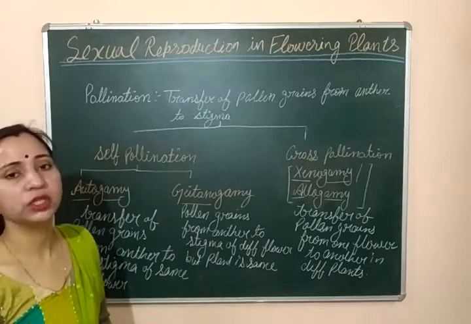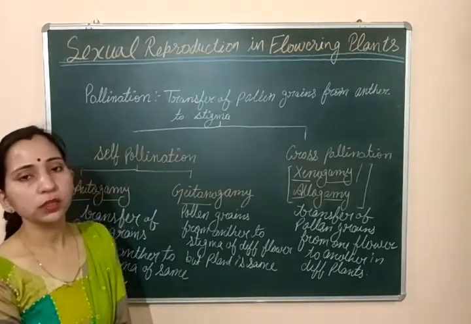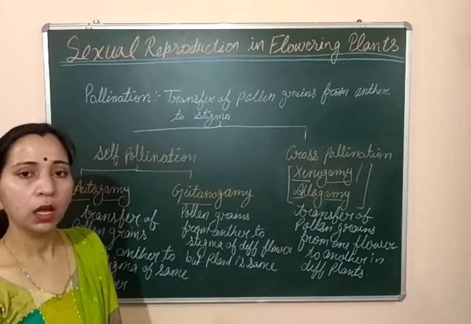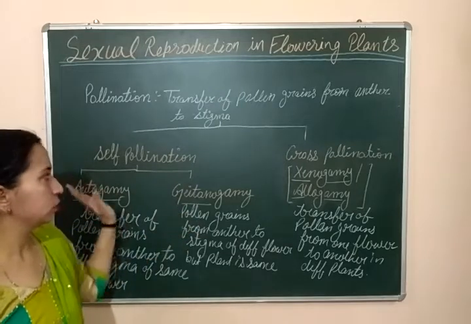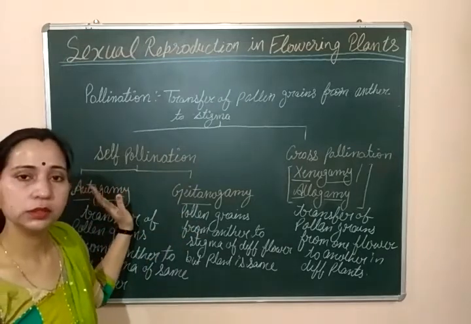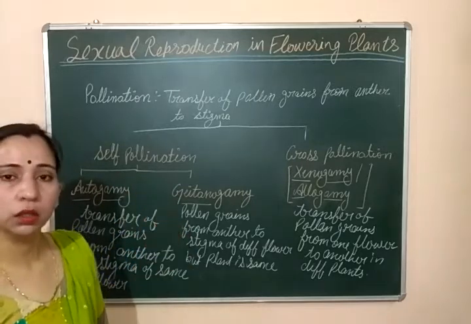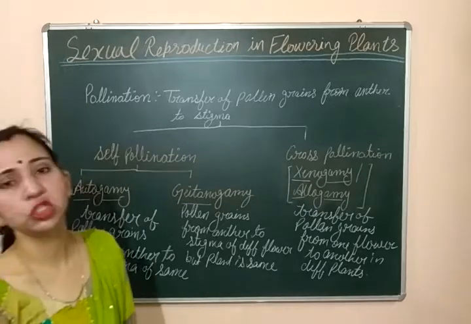In the case of geitonogamy, the chances are also increased because the flowers are on the same plant. But there is one disadvantage also. In self-pollination, the transfer of pollen grains is done on the stigma of the same flower or the stigma of another flower of the same plant. So in this case, there is no mixing of gene pools.